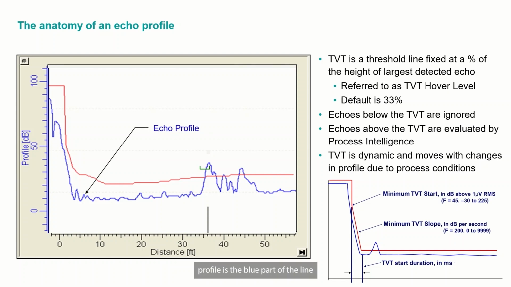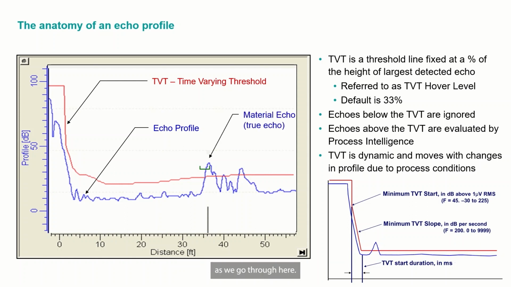Okay, the anatomy of an echo profile, we take our shot. Our echo profile is the blue part of the line here on the graph. Those are the things that we detect out of the application, the material, the obstructions, all of that other stuff. The red line is our TVT, our time varying threshold, and we're going to talk a lot about TVTs, but just to give you an explanation of all the different terms as we go through here. This is our true material echo, and we have our echo selection point there.